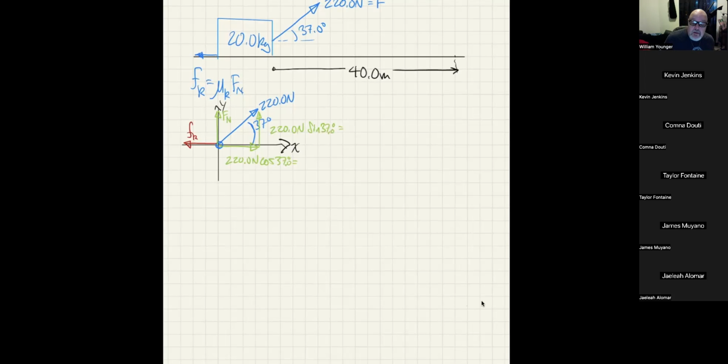So I'm going to try using my calculator on my computer. It looks like 220 times cosine of, okay, yeah, I forgot this calculator does that backwards. So I'm going to do 37 cosine, that's essentially 0.8, times 220. That gives me 175.7.